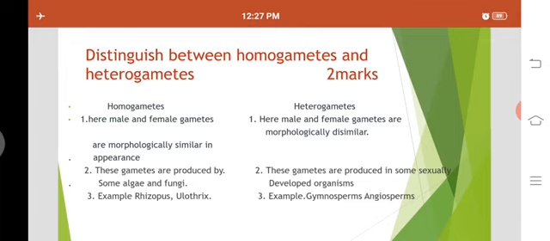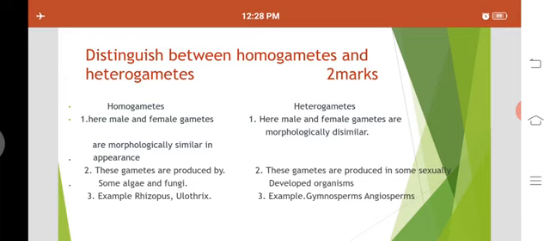If both male and female gametes are the same in appearance, morphologically the same, those gametes are called the homogametes. And heterogametes are where the organism is able to produce the gametes, but both male and female gametes are dissimilar in appearance, morphologically dissimilar.